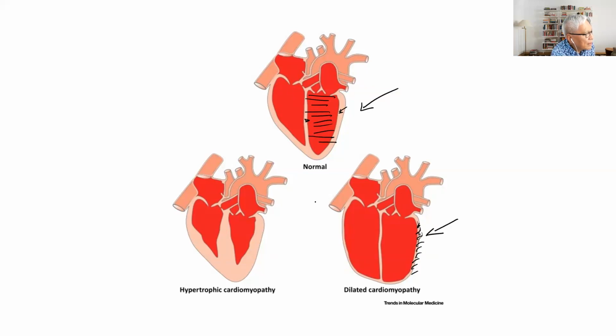But in a situation wherein the muscles become hypertrophied, such as in hypertrophic cardiomyopathy, there's now thickening of these muscles. So this, therefore, contains lesser volume.